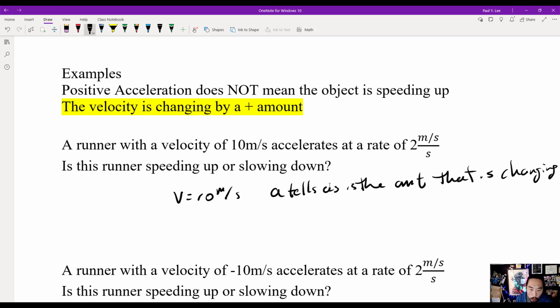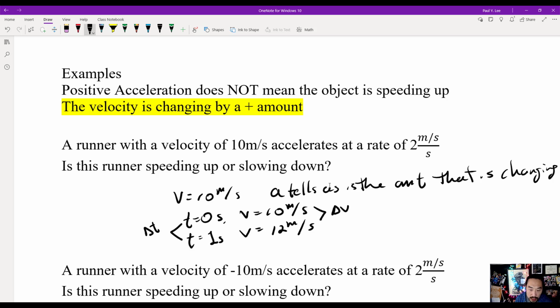So what this tells us is, let's say at a time of 0 seconds, the object has a velocity of 10 meters per second. So after 1 second, it will now have a velocity of positive 12 meters per second. And this is because here, this is your delta t, and here, this is your delta v, right? It's the change.